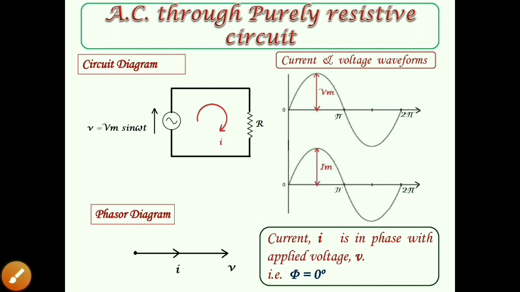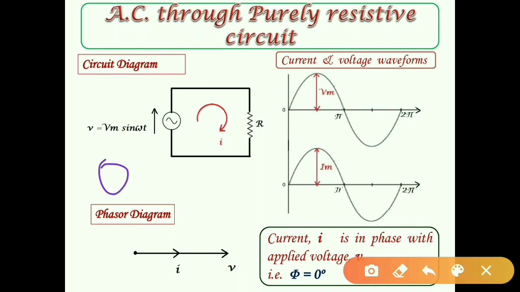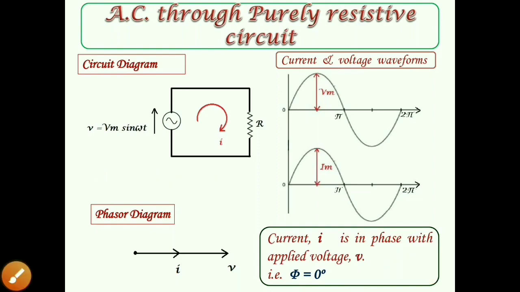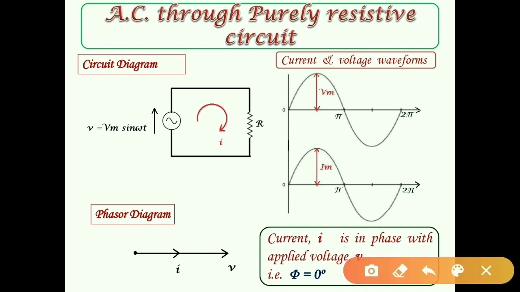Therefore the angle between them is equal to 0 degrees. Therefore current I is in phase with the applied voltage V. Therefore we can draw the phasor diagram from the above two graphs, that I and V have no phase angle difference.